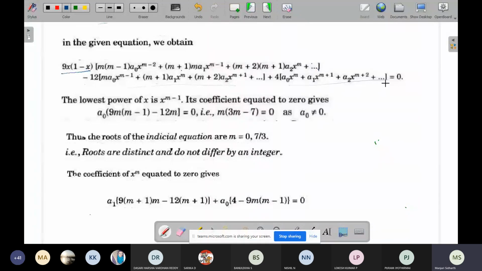Before starting this method, I told you the steps. First, assume that this is the series solution. Then find dy by dx and d2y by dx squared. Substitute back in the given differential equation. Once you substitute, find the lowest power of x.